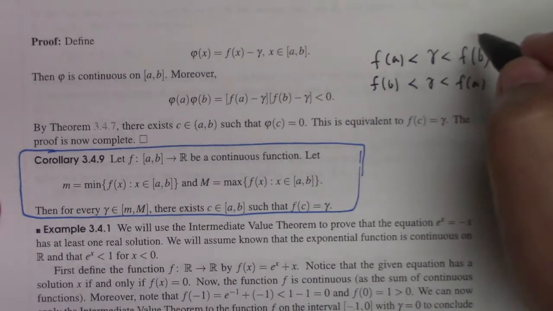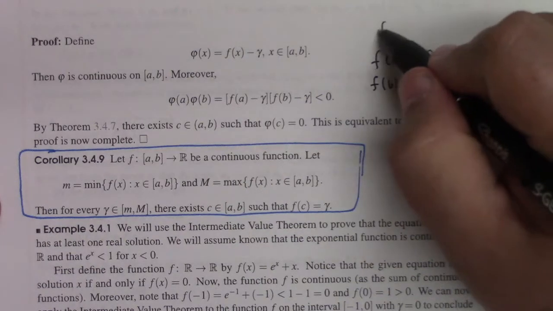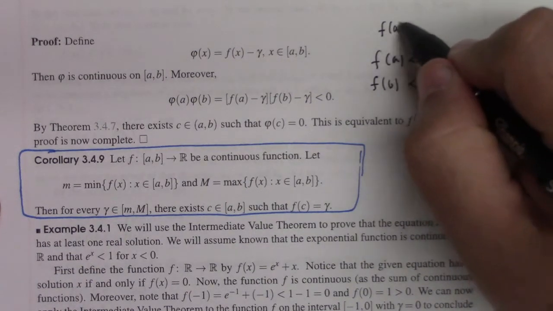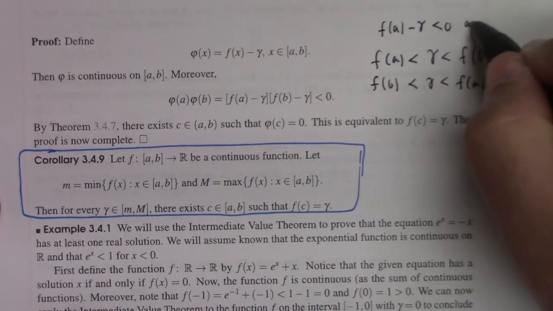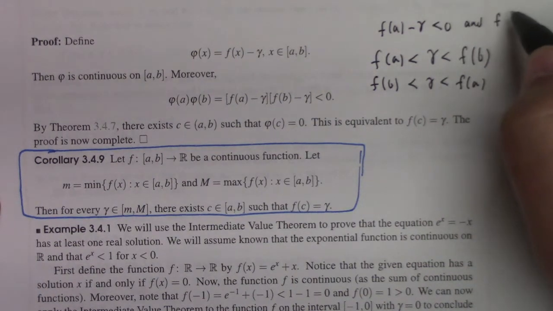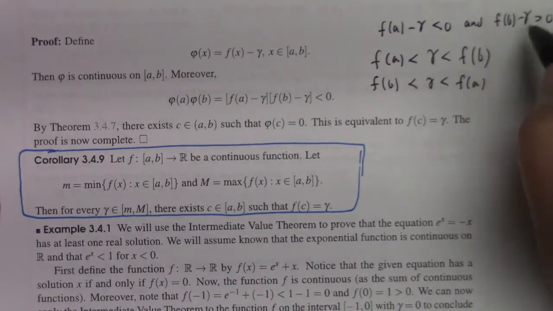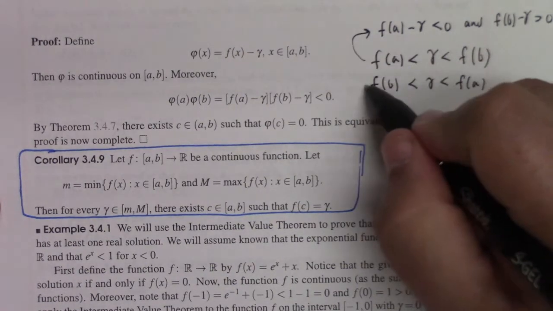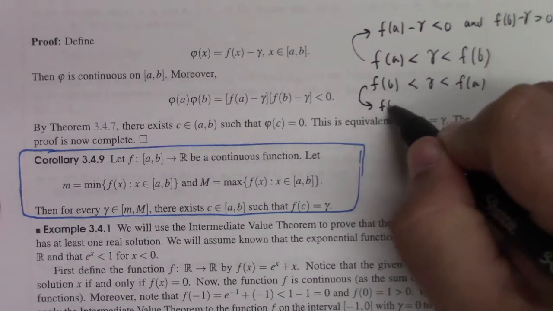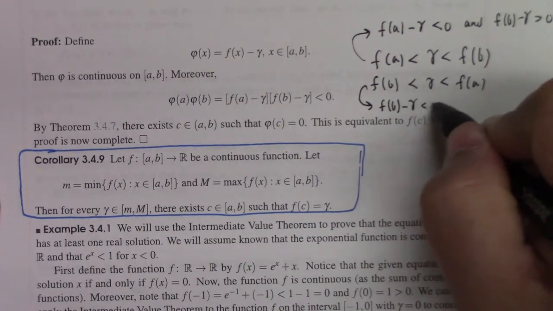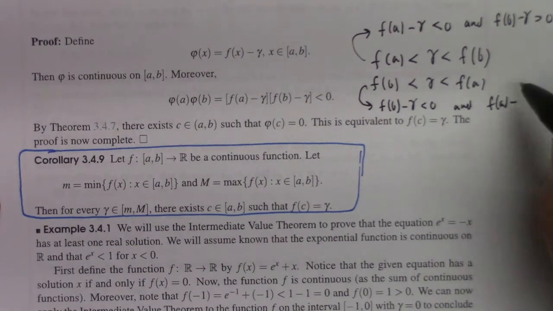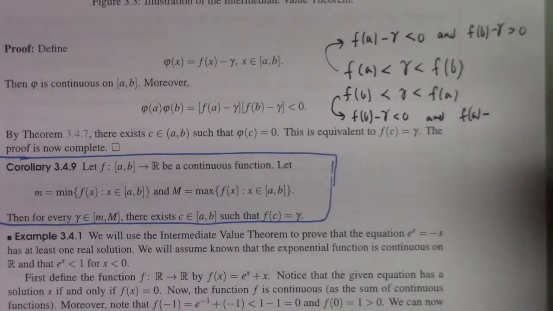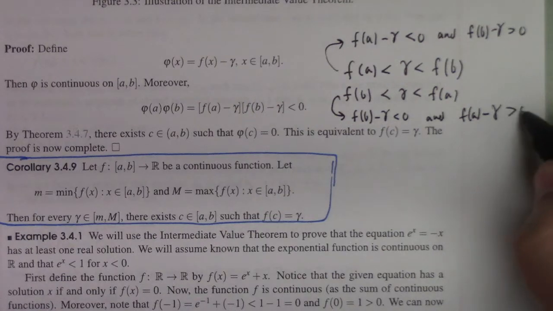So either you have f of a minus gamma less than 0 and f of b minus gamma greater than 0, or you have f of b minus gamma less than 0 and f of a minus gamma greater than 0.